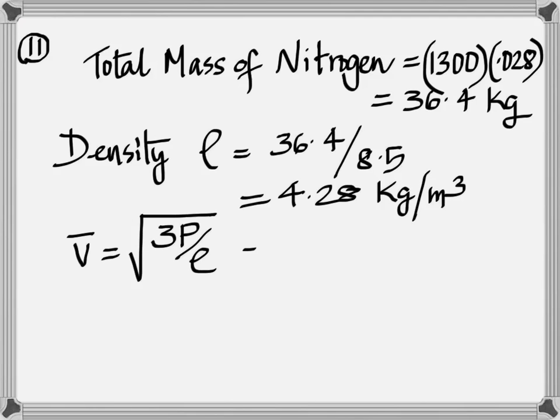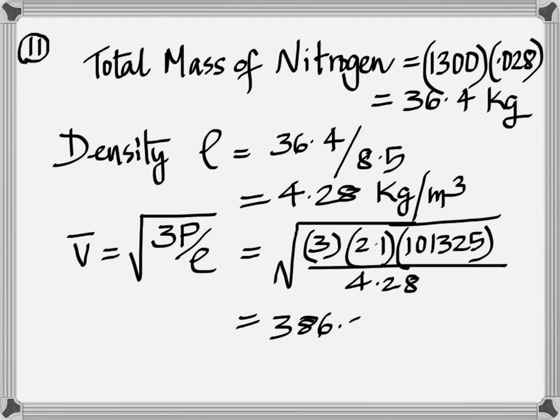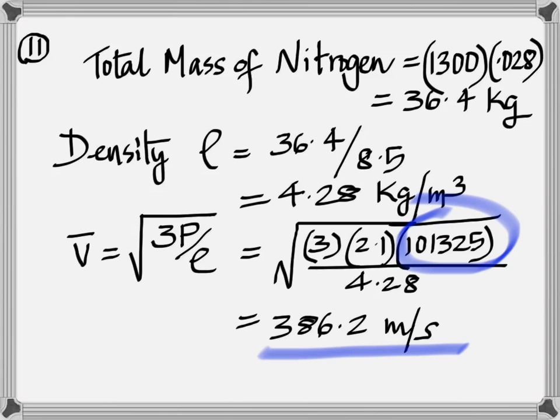And the root mean square velocity is given by square root 3 times the pressure by density. Pressure is 2.1 atmospheres, and you got to change it into Pascal. That's why you multiply with this to change it into pascals. And finally you get 386.2 meter per second, which is not slow.